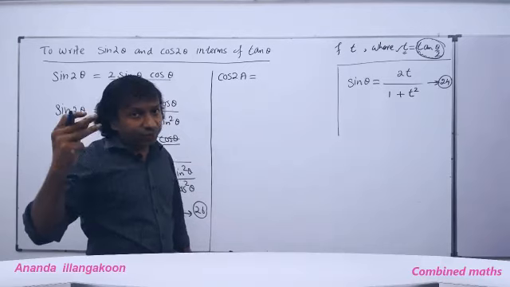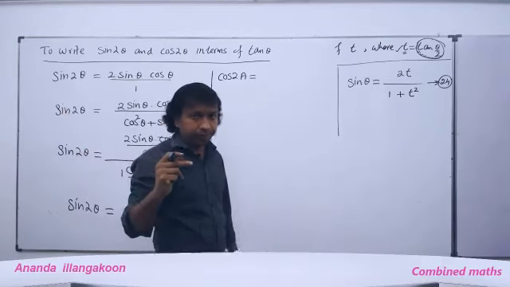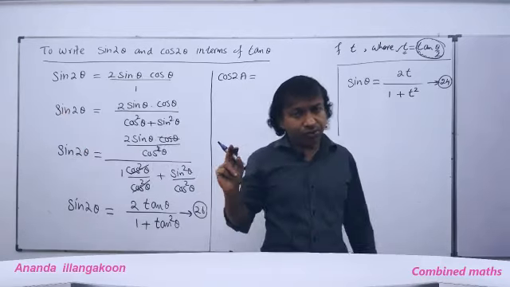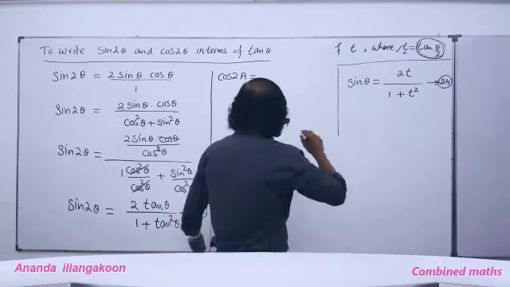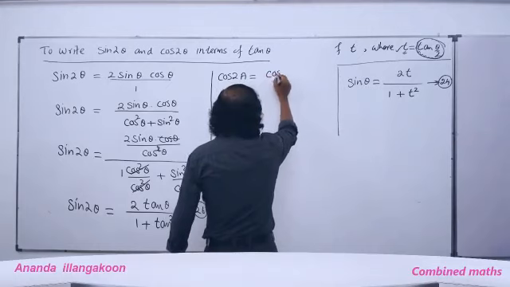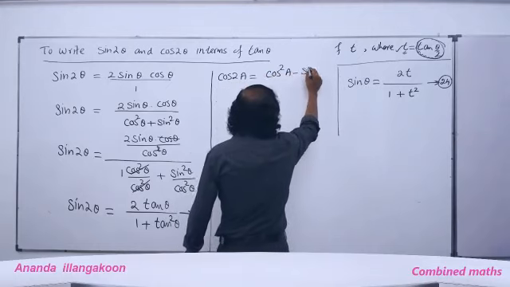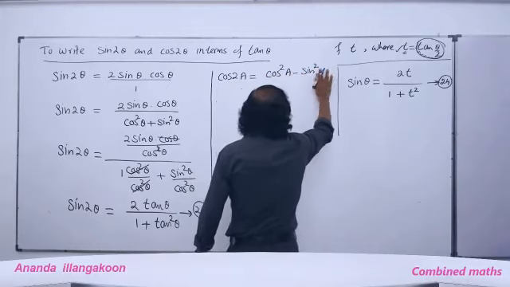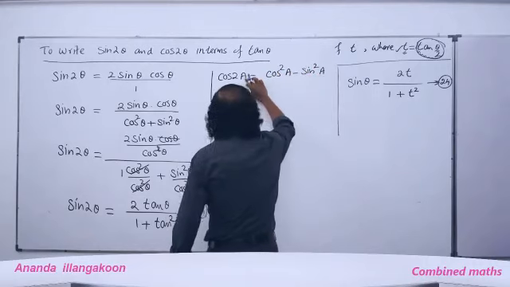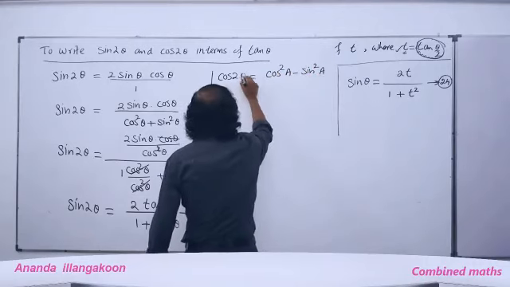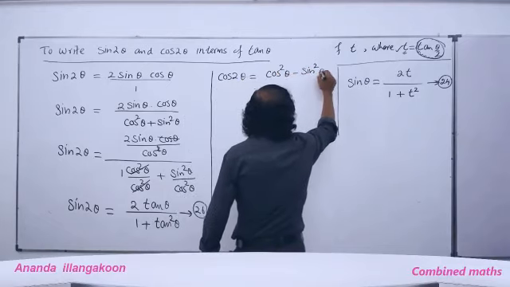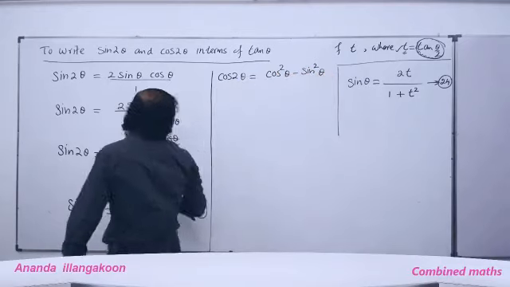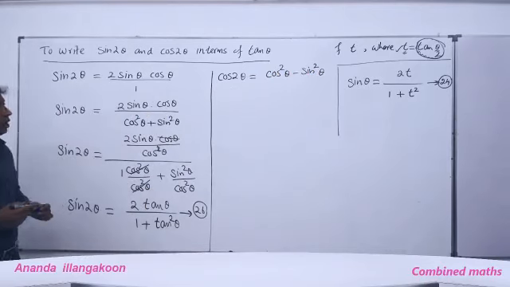We had 3 forms for cos 2A. Its first one was cos squared A minus sin squared A. We use that. If I write for this A theta, on the right hand side we get cos squared theta minus sin squared theta. Then cos 2 theta is equal to cos squared theta minus sin squared theta.